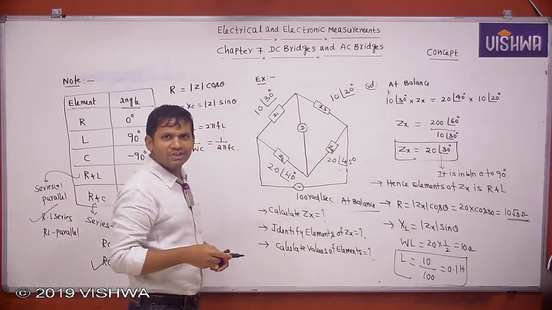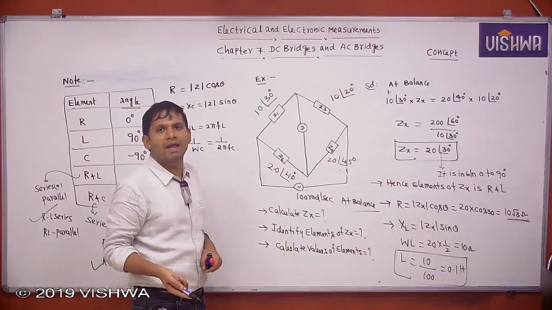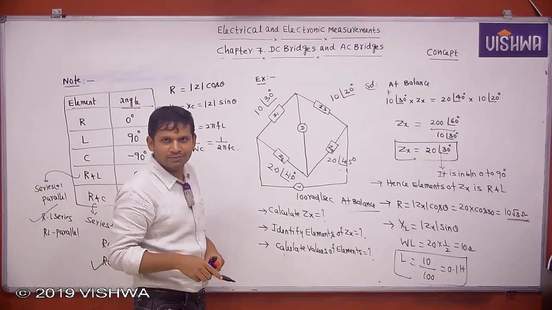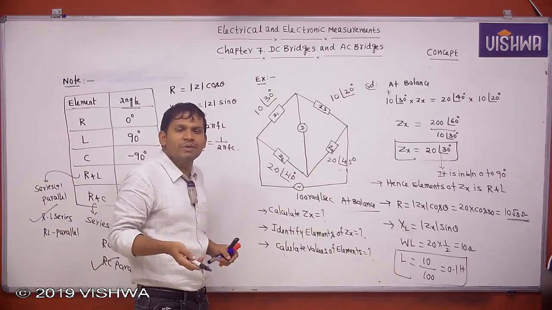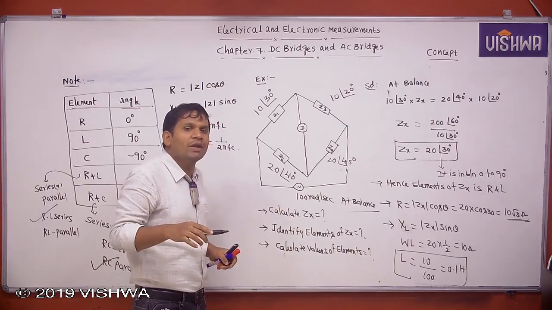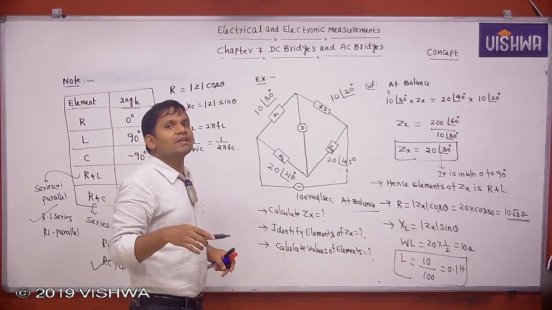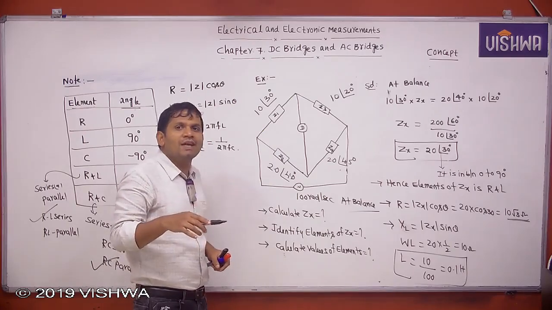Is the phase condition satisfied? No, the bridge is unbalanced. That is the second model of question. All the impedances will be given and to check the balance condition, you take both the magnitude and the phase condition. If both conditions are satisfied, then only the bridge is balanced.